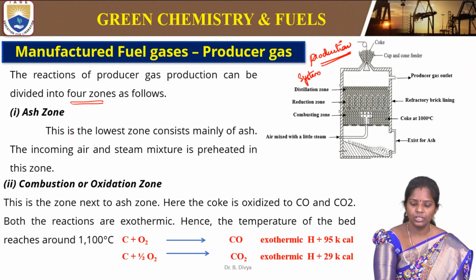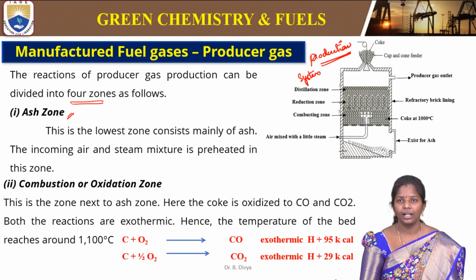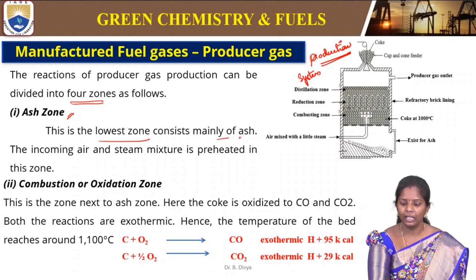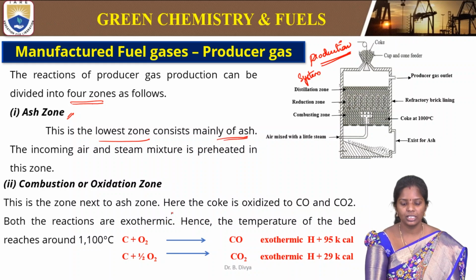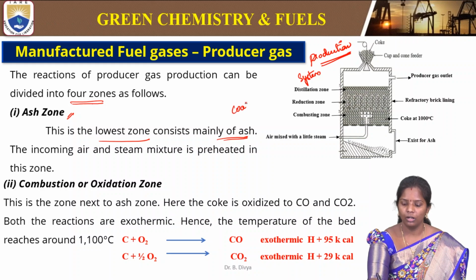It has 4 zones. First, the ash zone. What is that ash zone? This is the lowest zone, consisting mainly of ash. Where is this ash coming from? We are taking coal or coke.